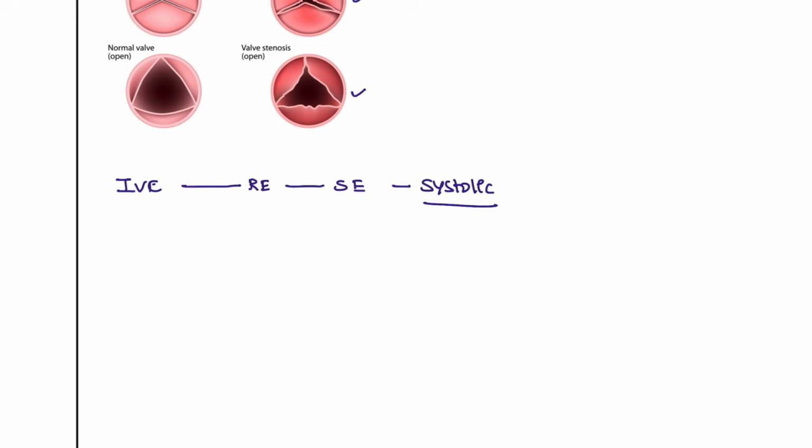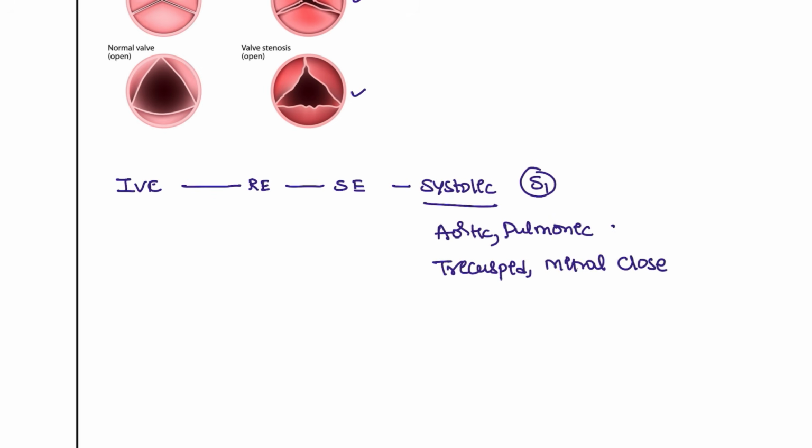The sound that you are going to get is S1, right? S1 is due to closure of the tricuspid and mitral valves, so these are closed and the aortic and pulmonic are open, right? Because ejection is happening through the aortic and pulmonic valves.